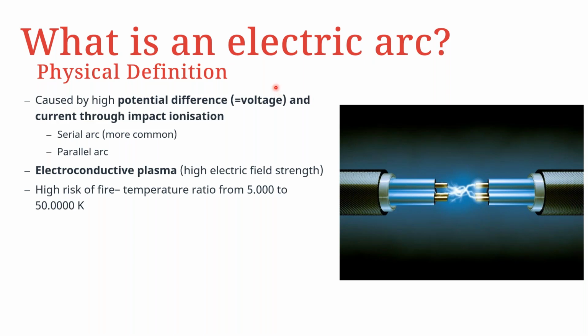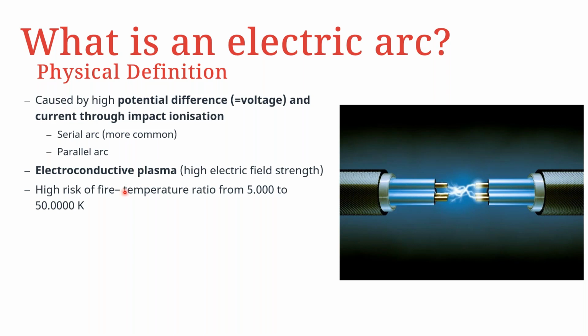And by physical definition, these arcs are caused by a high potential difference, which would mean the voltage, and high current through an impact ionization. So therefore, this could result in what we refer to as a serial arc, which is quite common, or a parallel arc. So we will see in another slide how this looks.